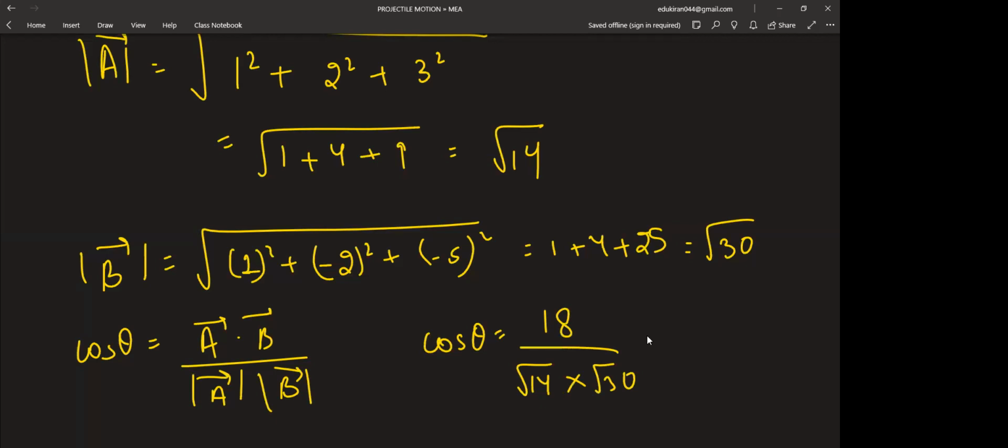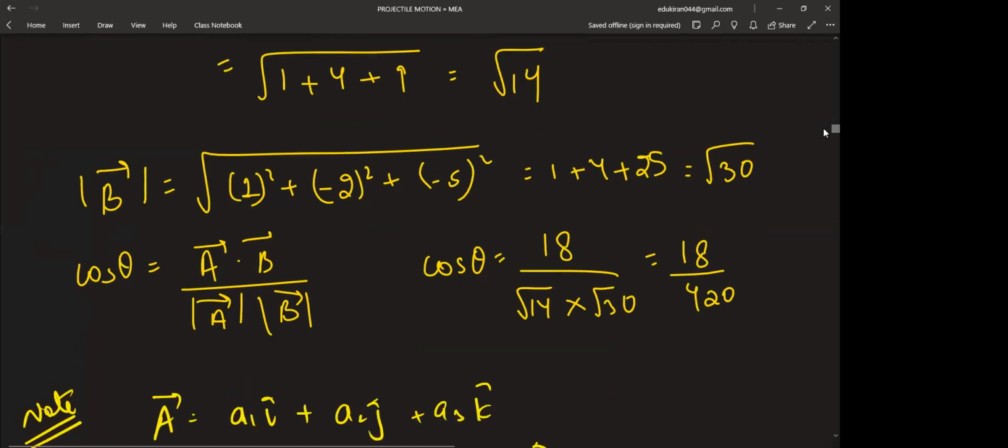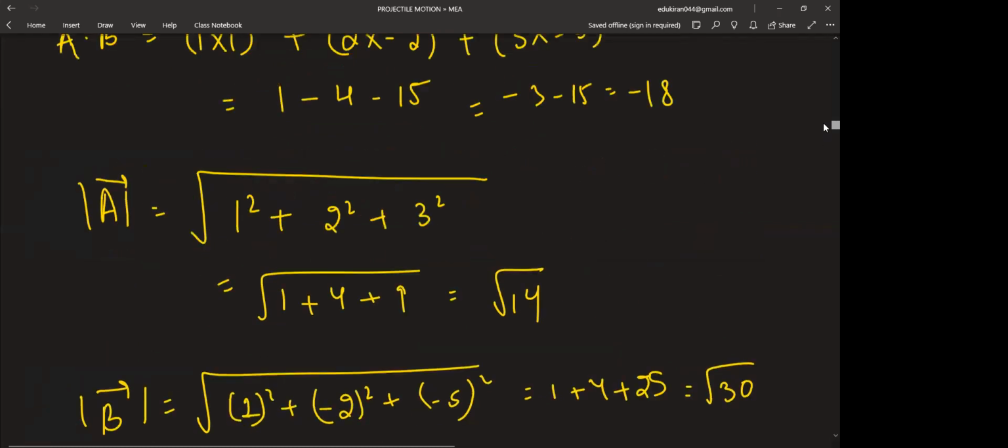So you'll multiply root 14 with root 30, so this will be 420. So this is 18 by 420. You can further solve it and theta will be the inverse of this. So this is how you can relate both of these.